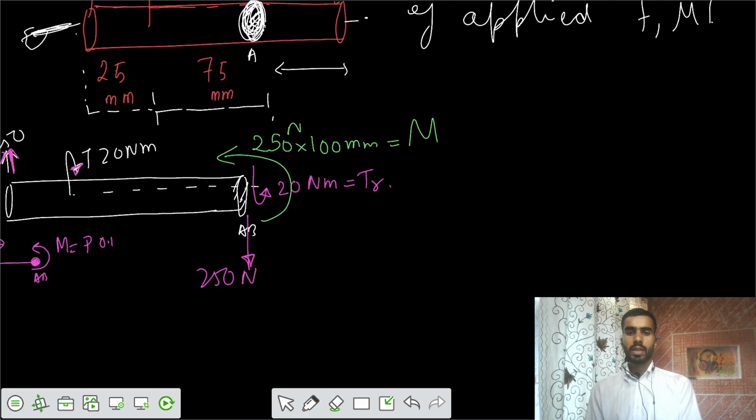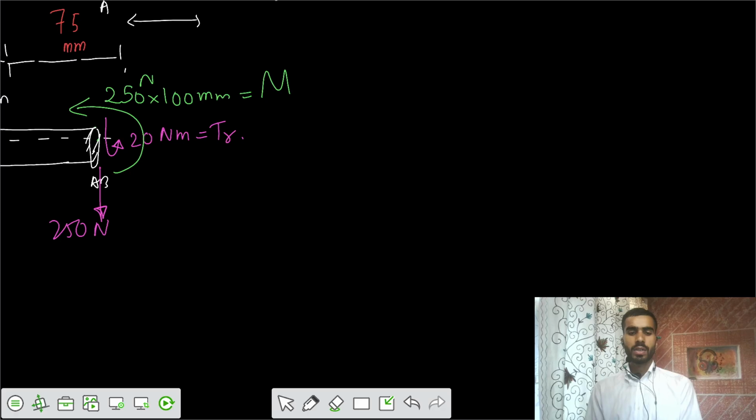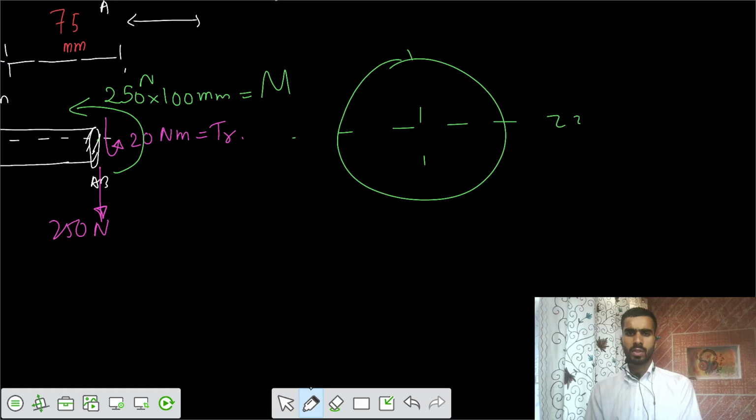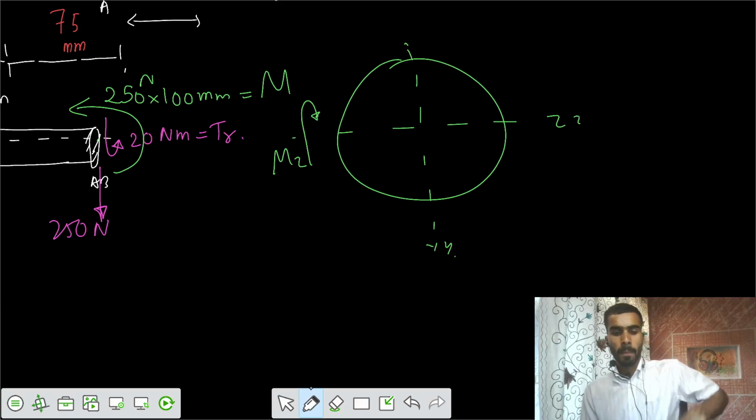So you got this loading, now the cross section, you have this cross section. This is your ZZ, this is your YY, and your moment in the Z direction.